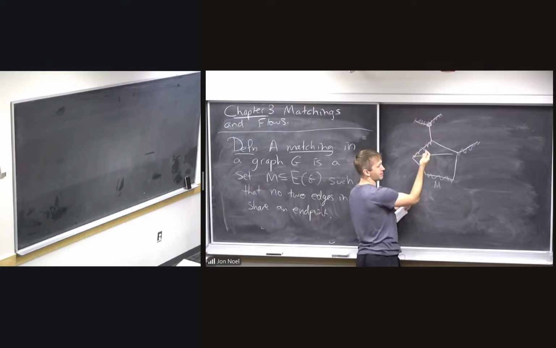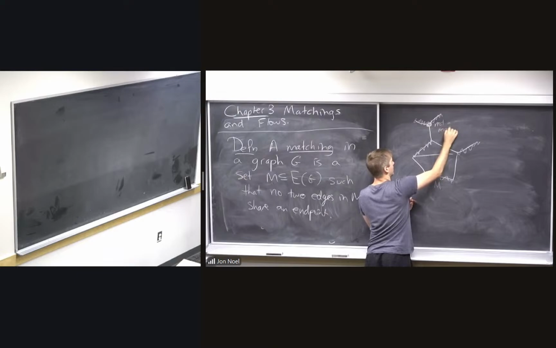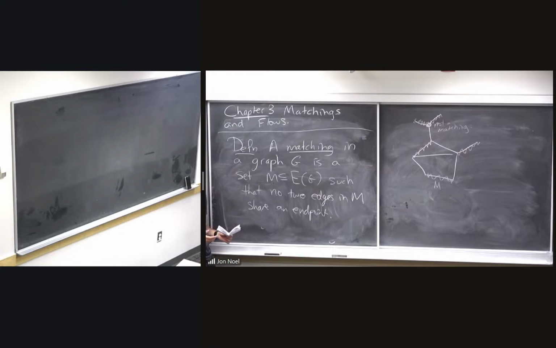This is not a matching now, right? Okay. How many people know this concept already fairly well? Okay, most people. Cool. So it'll be some review, but then some new stuff as well.